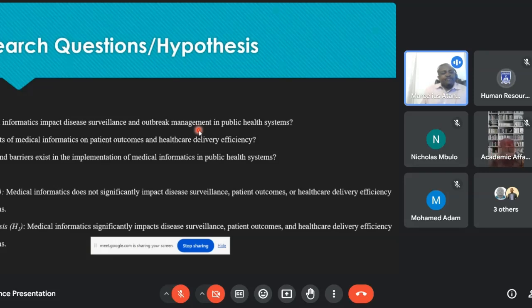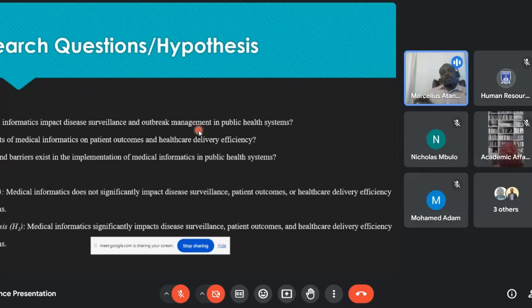What are the effects of medical informatics on patient outcome and healthcare delivery efficiencies? What challenges and barriers exist in the implementation of medical informatics in public health system setups?